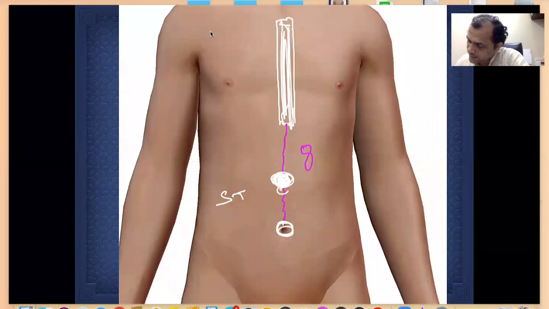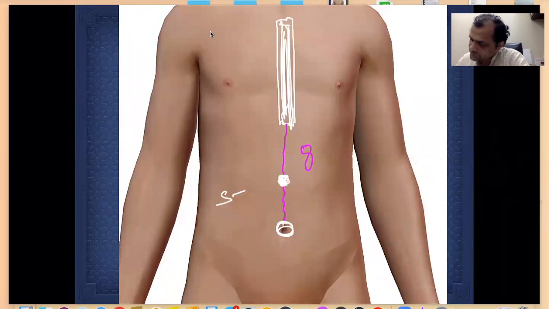And with that, a small point below the stomach is called the first part of the small intestine, or we call it the duodenum.